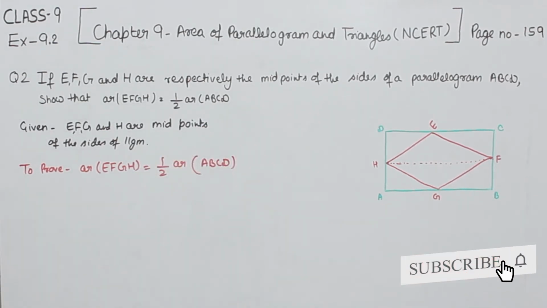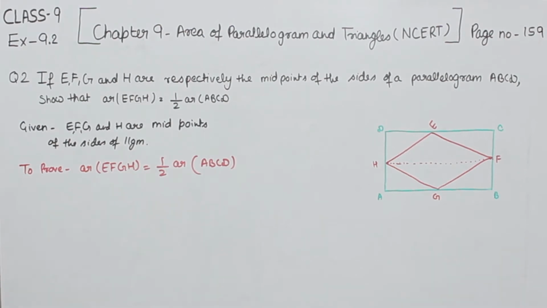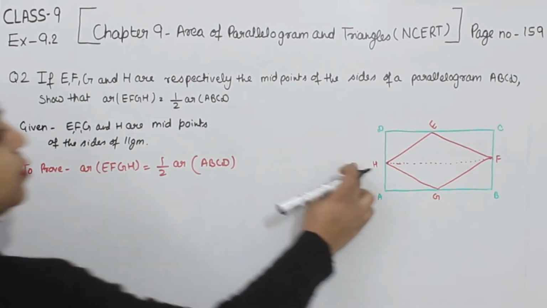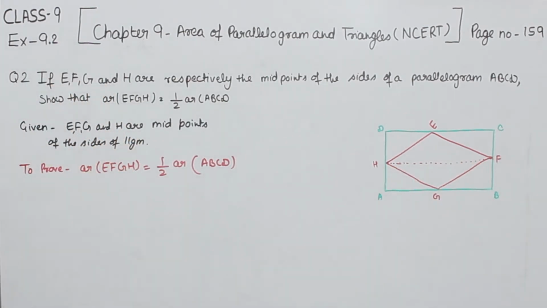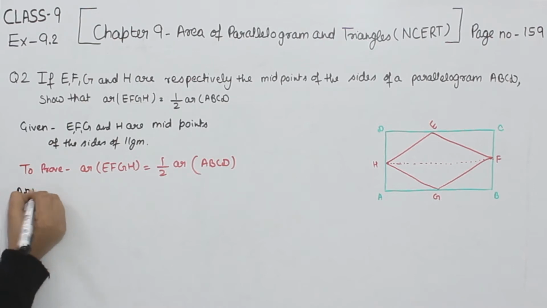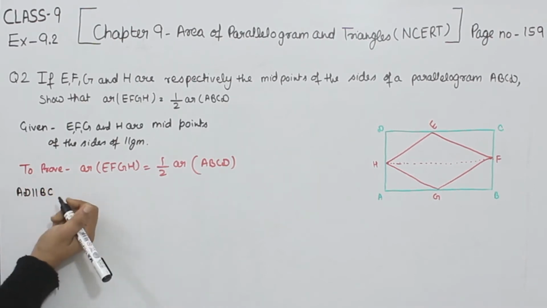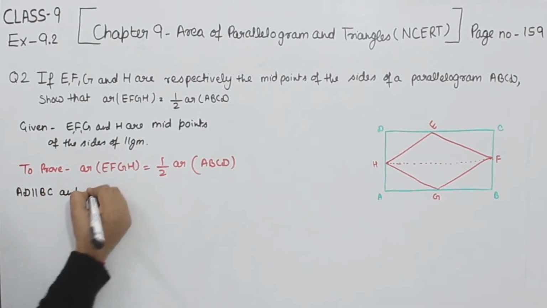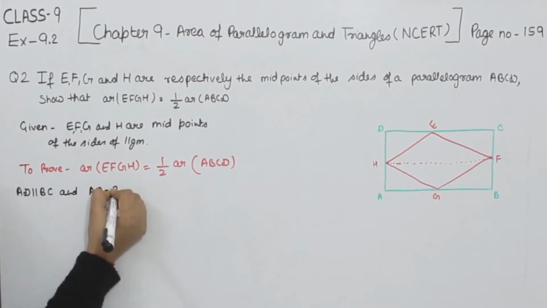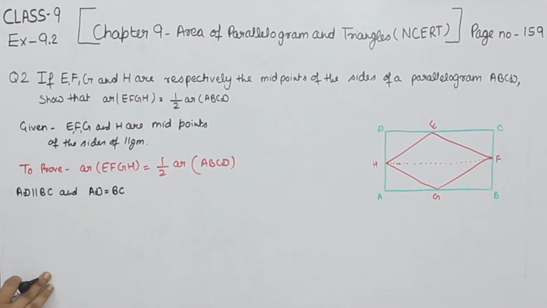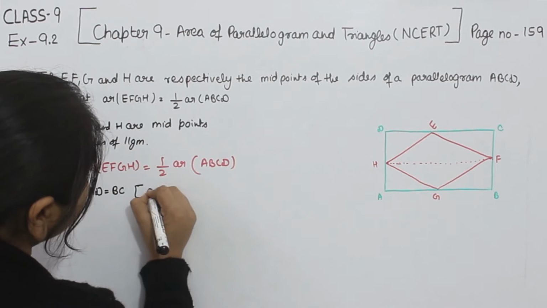Now we are going to start the question. First of all we are going to join H to F. I have joined it. Now AD is parallel to BC and AD is equal to BC. Why? Because the opposite sides of the parallelogram are equal.